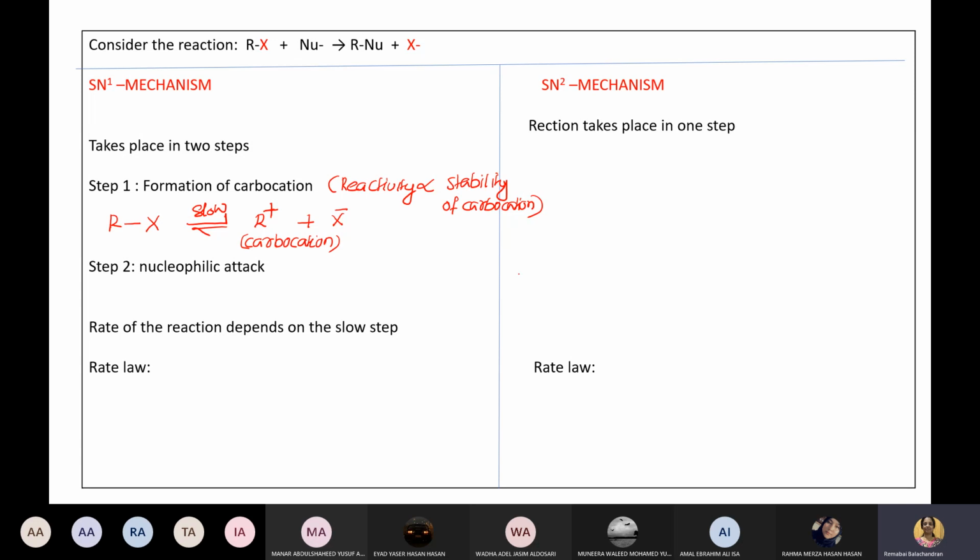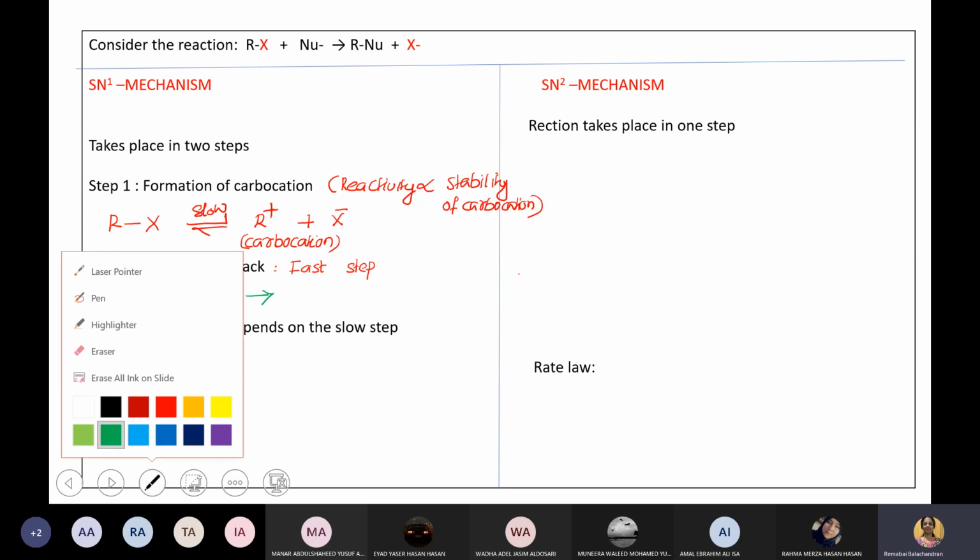Now, the second step is nucleophilic attack. This is a fast step. Next step, R plus, who is coming in? The nucleophile, Nu minus. So what do you get?